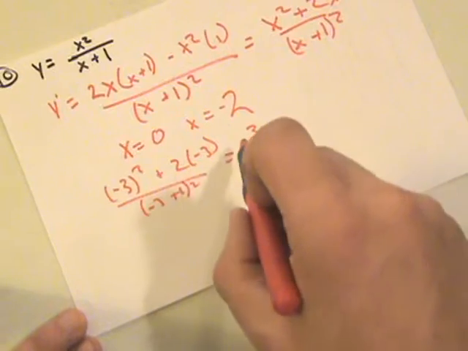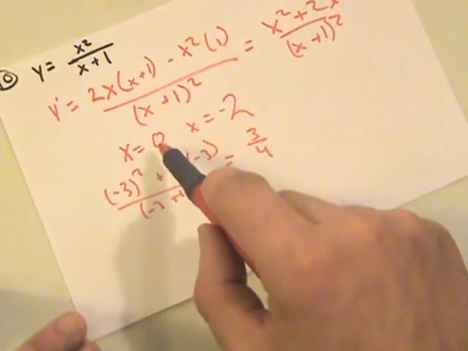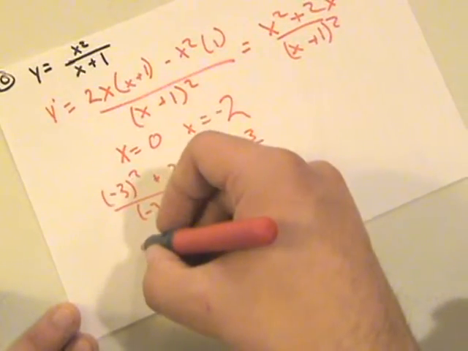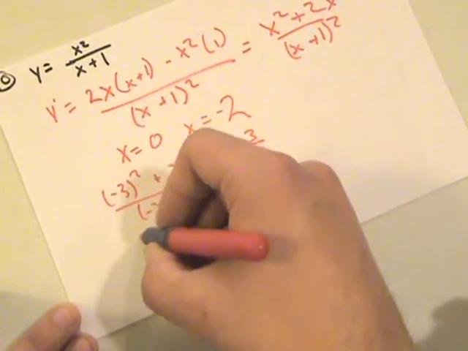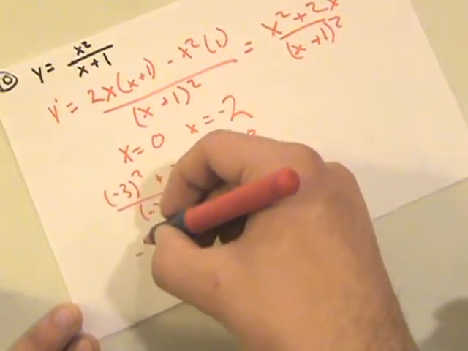So it's positive on the very far left, and now we want to plug in a value probably a little bit in between. So -1 looks like a good point.